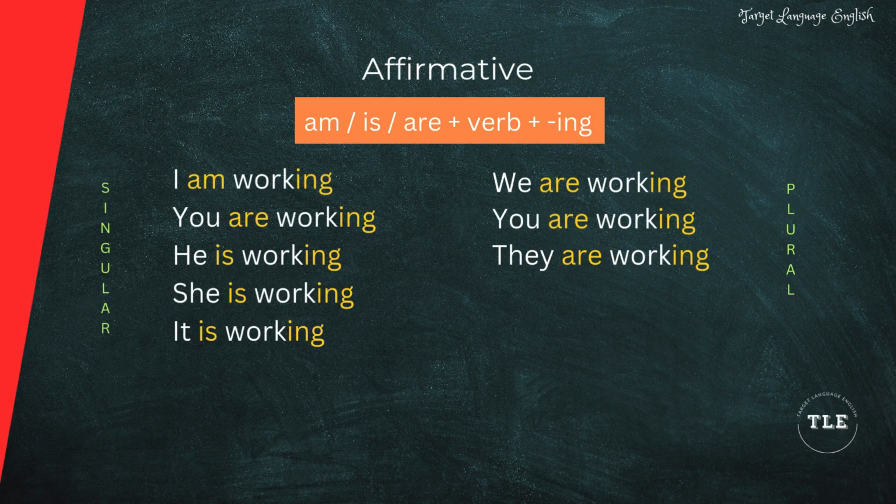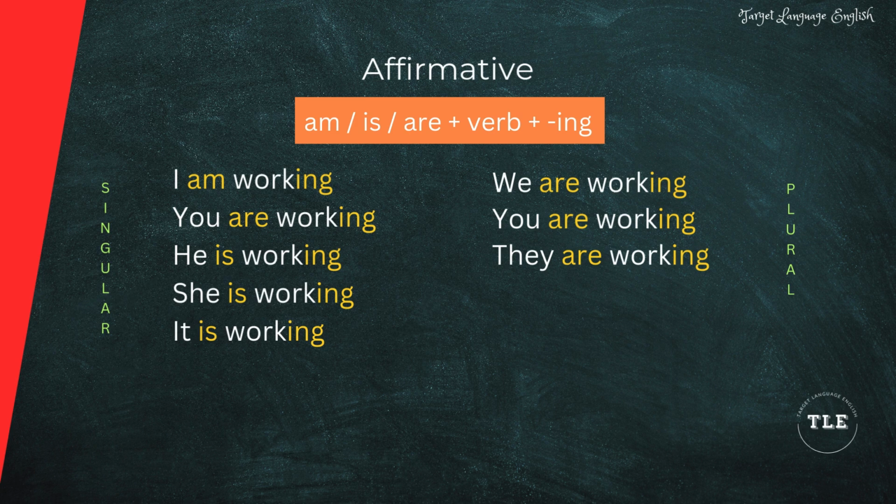Now that we've seen the exceptions, let's go back to the structure and let's first see the positive or affirmative form of the present continuous tense. We'll use the verb work as an example. Singular, I am working. You are working. He is working. She is working.